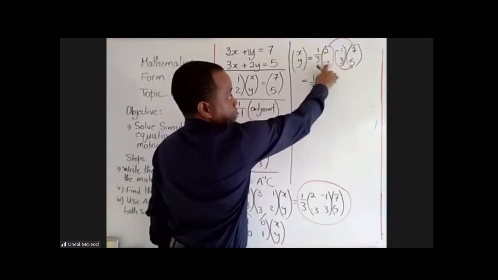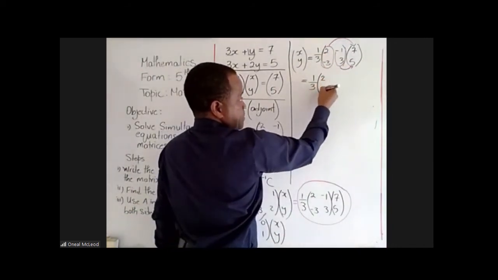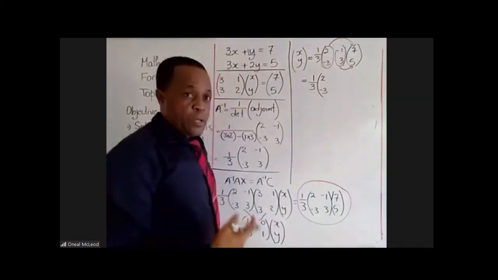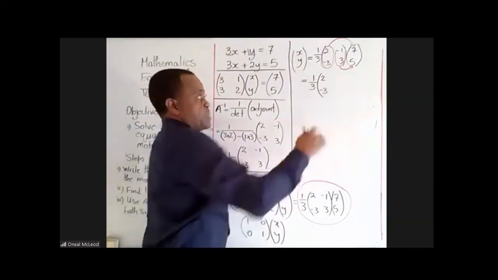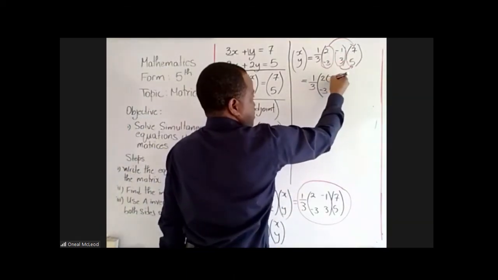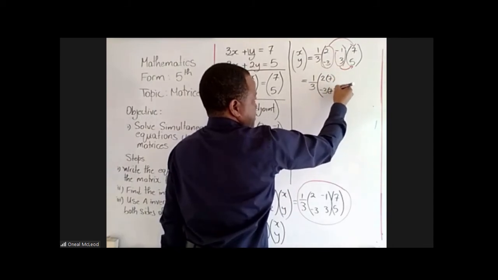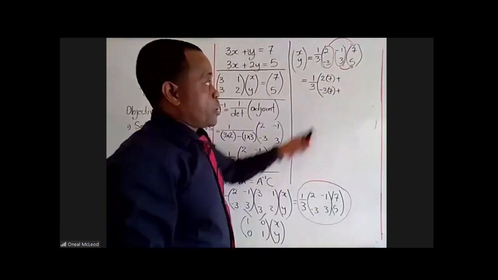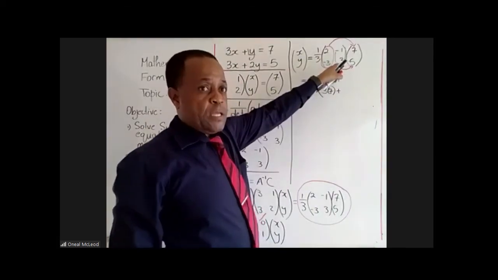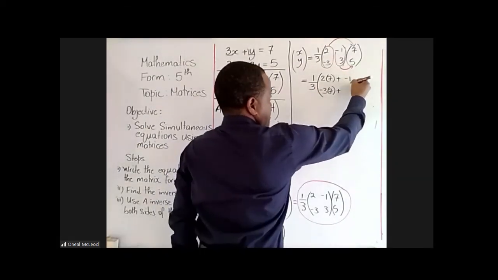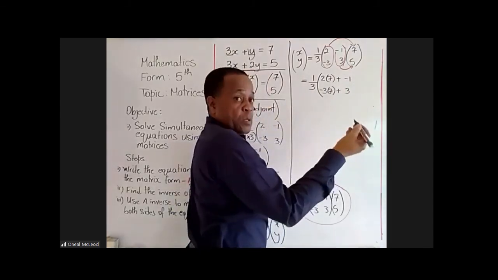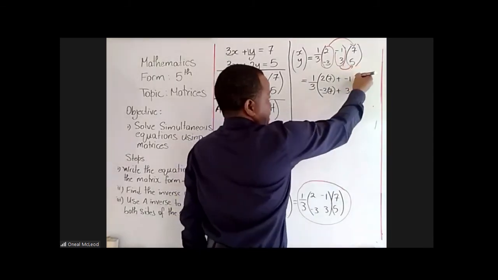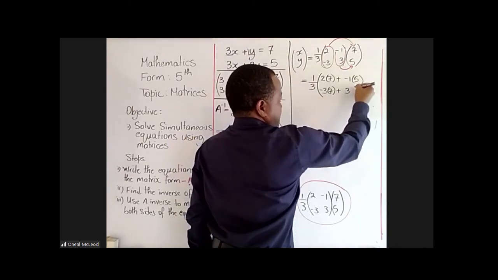So we're going to take down the 2 and the -3. What did we map it to? We actually map it to 7. So both of them must be multiplied by 7. Plus, now we're going to take down the -1 and the 3. What did we map those onto? We map them onto 5. So both of them must be multiplied by 5.